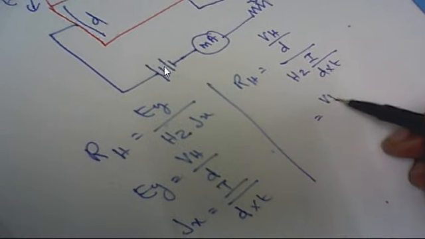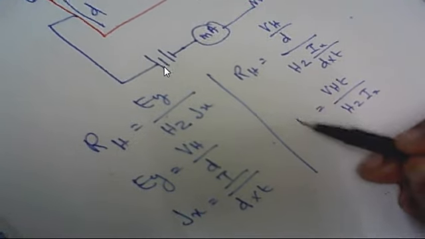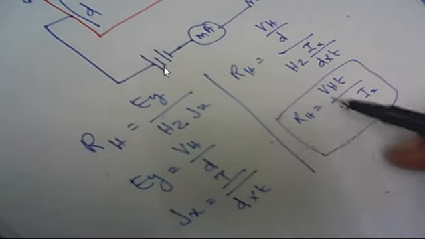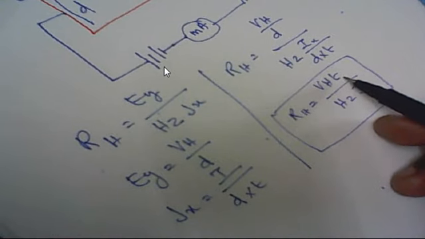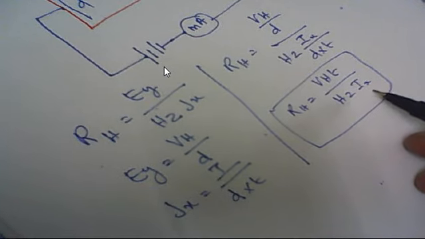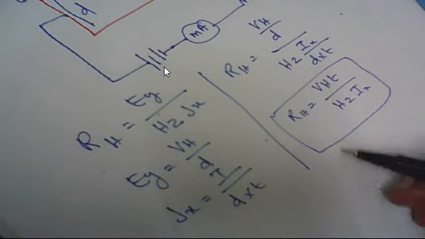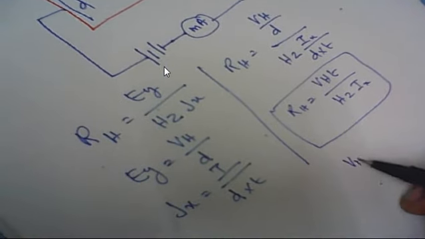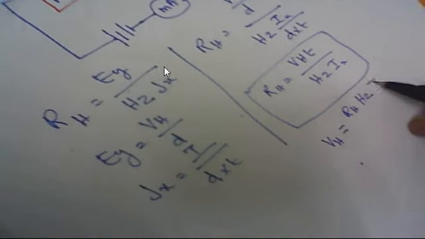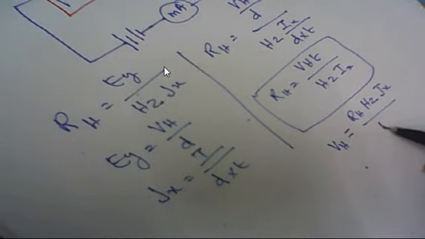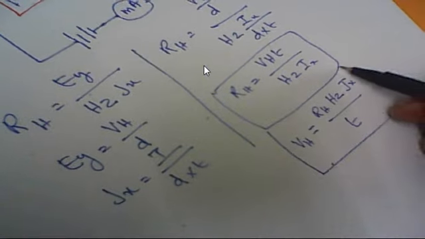We can rewrite the expression as V_H t by Hz into Ix. So the value of the Hall coefficient can be determined from the Hall voltage, the thickness of the sample, the applied magnetic field, and the current which we are measuring. So now we can rewrite the expression for the Hall voltage as R_H Hz Ix by t.